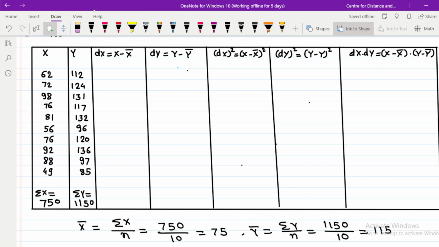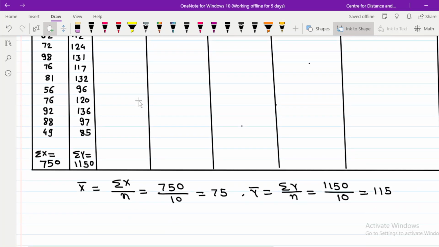Okay. Now, in the next column we have to calculate the value of dx, that is dx is equal to x minus x bar. The first value of x is 62 and the value of x bar is 75, that is 62 minus 75 is equal to minus 13.